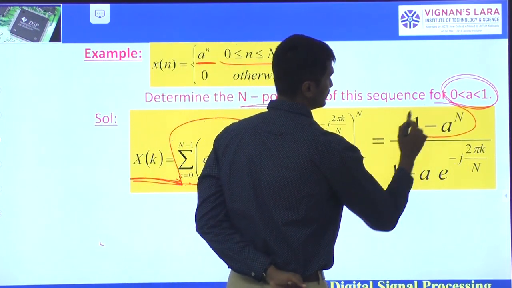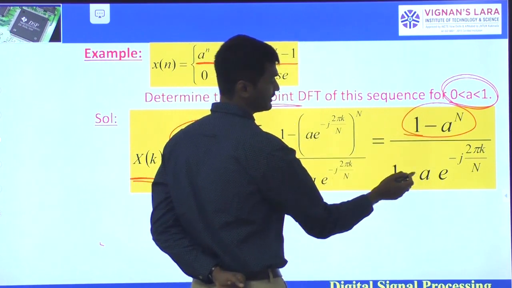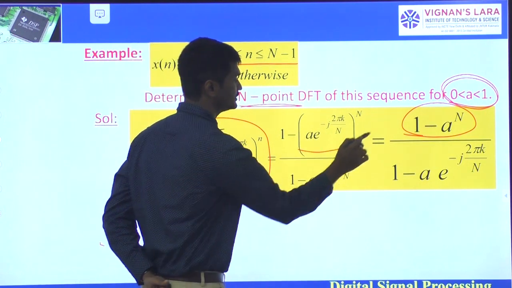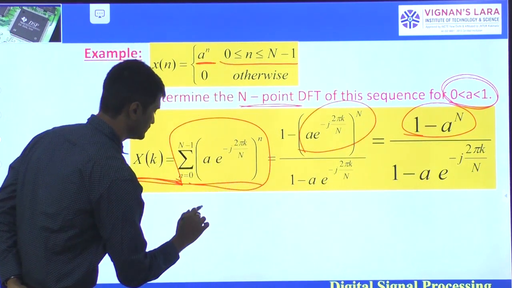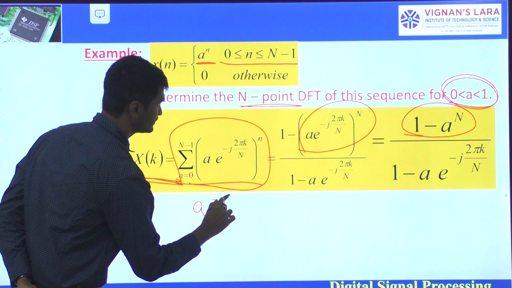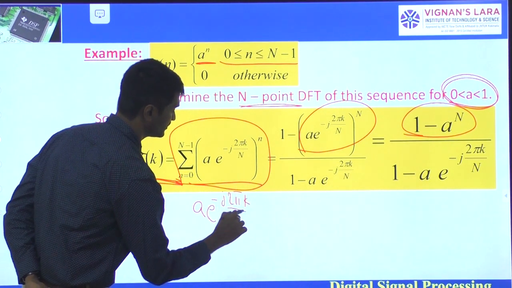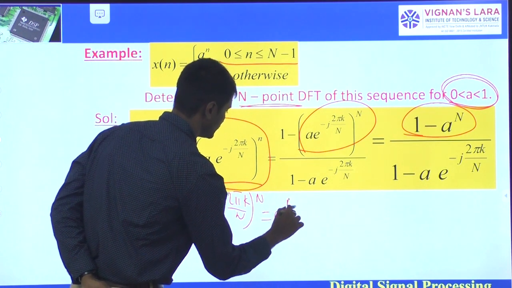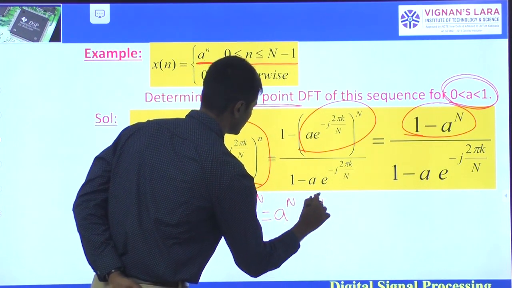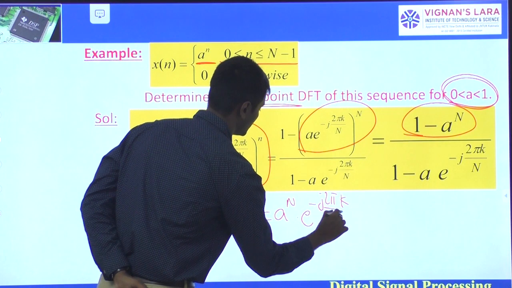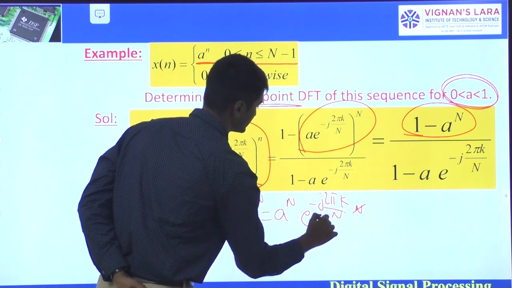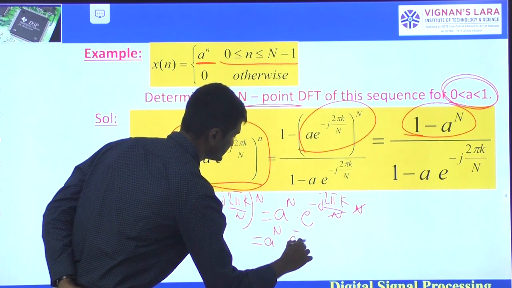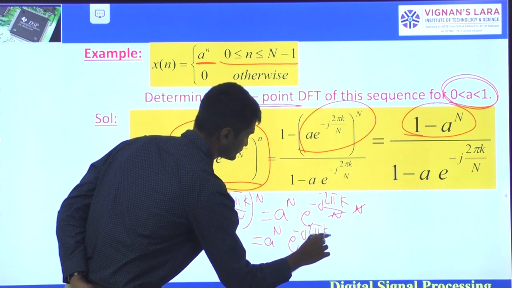Then here it is 1 minus a power N by 1 minus a e power minus j 2 pi k by N. See, a e power minus j 2 pi k by N whole power N gives a power N into e power minus j 2 pi k by N into N, where the N gets cancelled. That is a power N e power minus j 2 pi k.